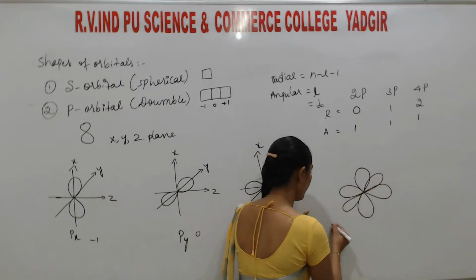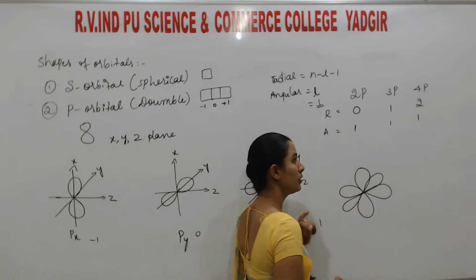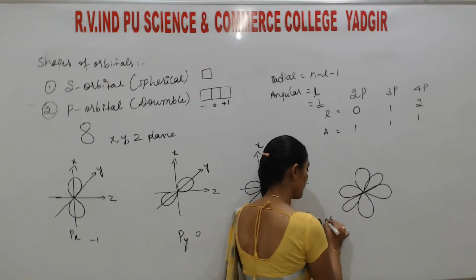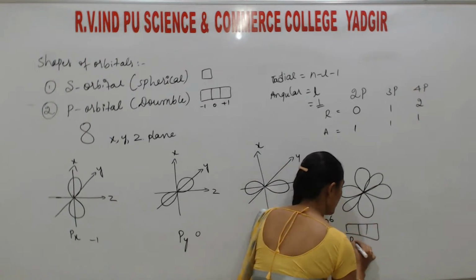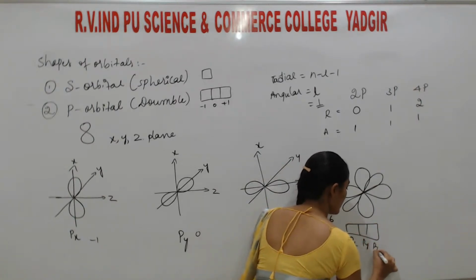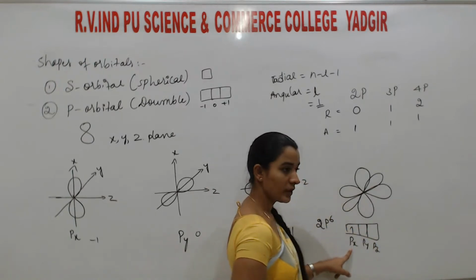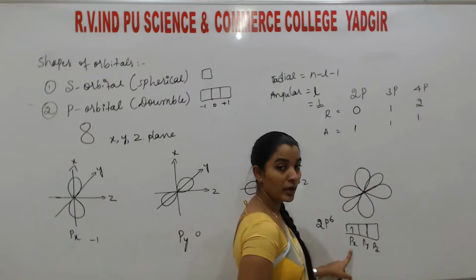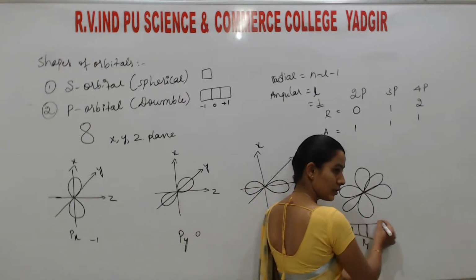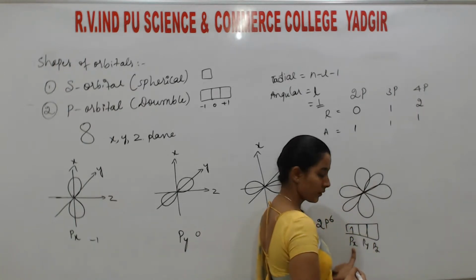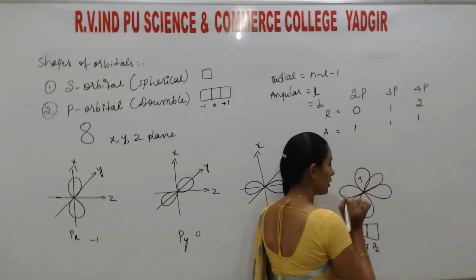Remember. So if you write the electronic configuration, say 2p6, you take it. Here it is Px, Py, Pz. Initially one electron fill-up takes place in which orbital? X. In X, here it is of course -1, 0, +1. So this is the X orbital, and one electron fills up here.